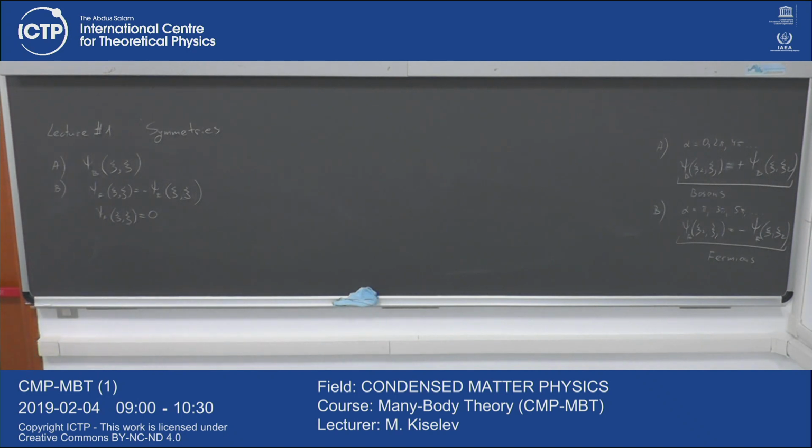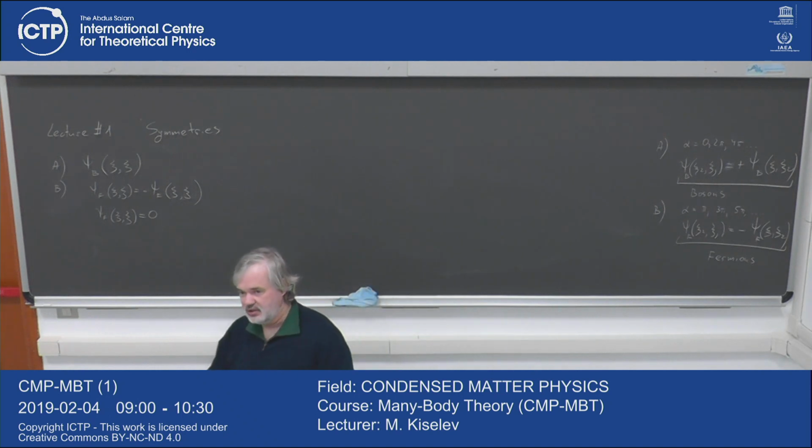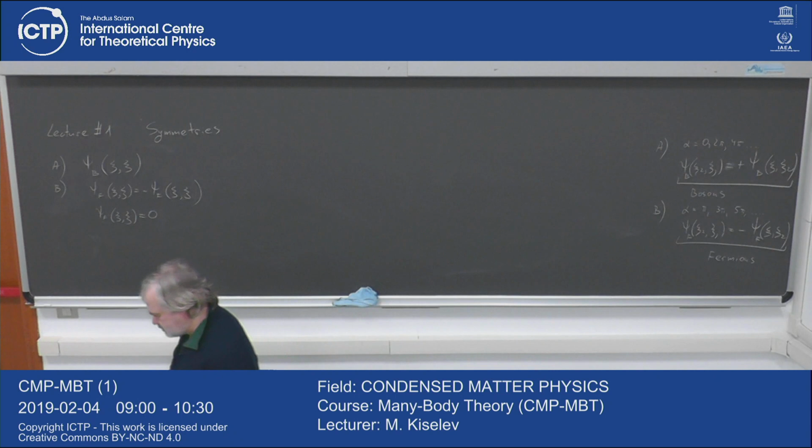At this point, I would like to mention something which I'm not going to prove. It's going beyond the scope of this course. Nevertheless, I would like to refer to it, and it is the connection between spin and statistics.